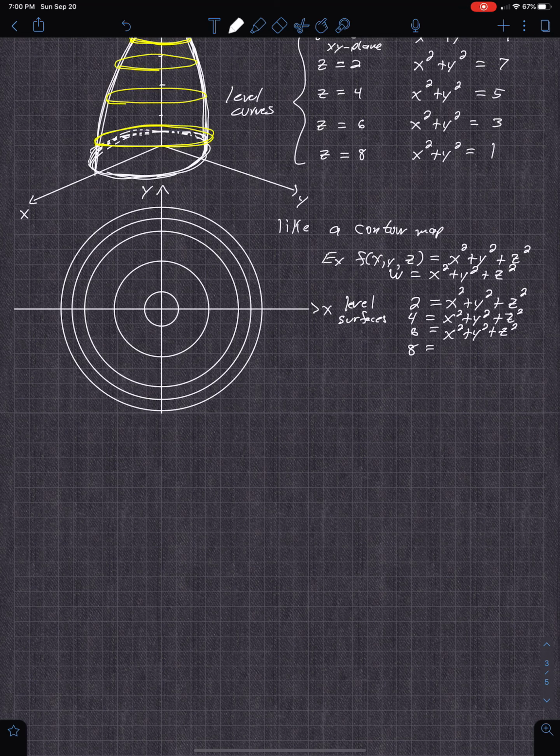Those are spheres. Your projection from 4D down to 3D is concentric spheres. It can help you visualize a four-dimensional object. All right, so that's what's happening. You have concentric spheres.